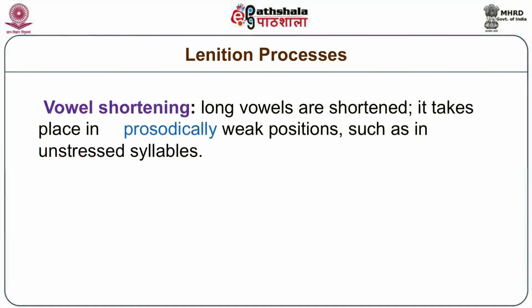Vowel shortening. As a lenition process, it involves a long vowel being produced as a short vowel. Typically, this process is found to occur in those positions where the segment is weak, such as an unstressed syllable.